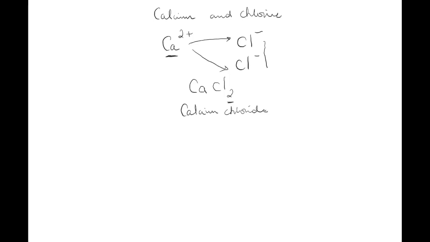We never, ever use these prefixes with ionic compounds. So don't ever fall for that trap or forget. These prefixes are only used when we name covalent compounds and molecular compounds, in the next section in that chapter. So that is just called calcium chloride.